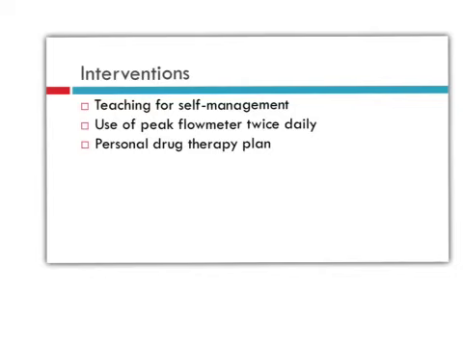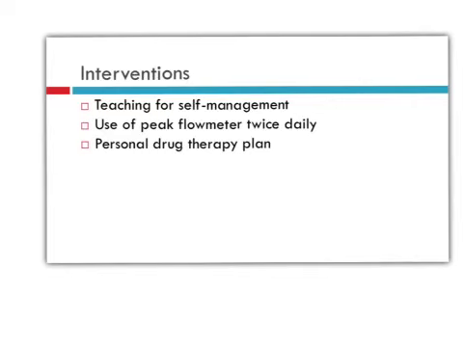Some of the long-acting medications that we give are corticosteroids, long-acting beta-2, and leukotriene modifiers, which help decrease that leukotriene. It's one of those chemical mediators. Okay. So again, as far as teaching for self-management, good understanding of how drugs work, when to use them, and what medication needs to be used based on their symptoms.